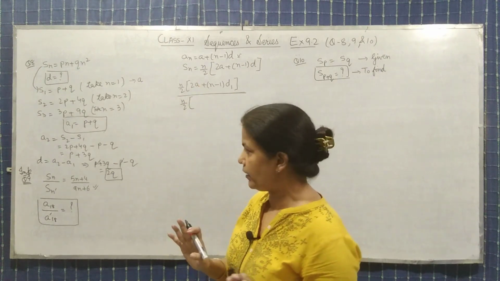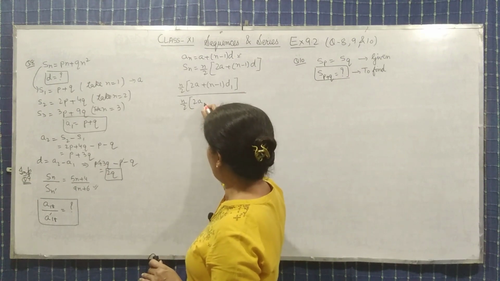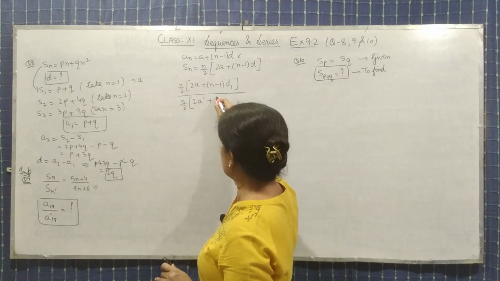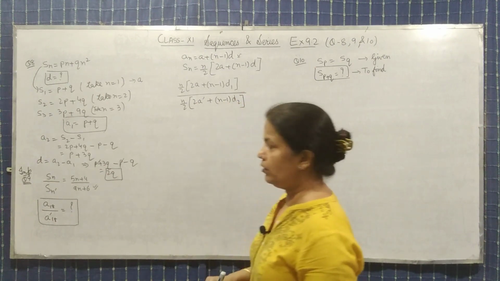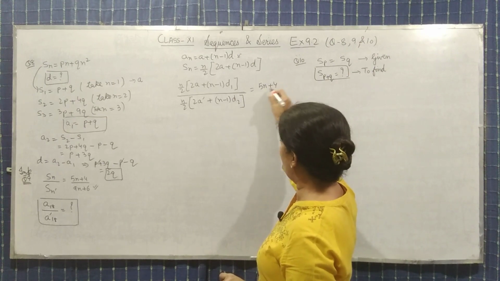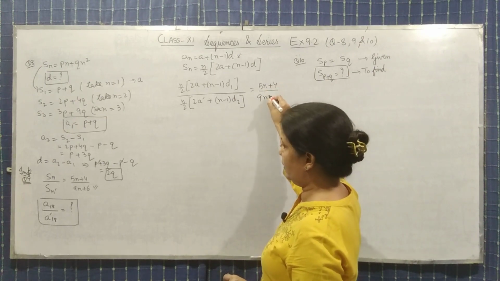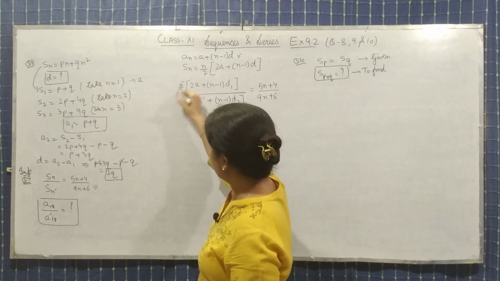It's not necessary that it will be the same because they are two different APs. This is given as (5n + 4) upon (9n + 6). You can cancel the n/2 like this.